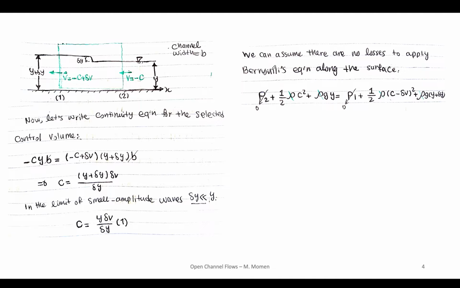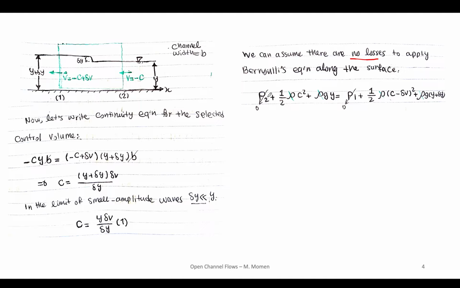So I write the Bernoulli equation. We have to assume there are no losses if we want to write Bernoulli's equation, because otherwise we have to account for those losses in the system. So we can assume there are no losses to apply Bernoulli's equation along the surface.